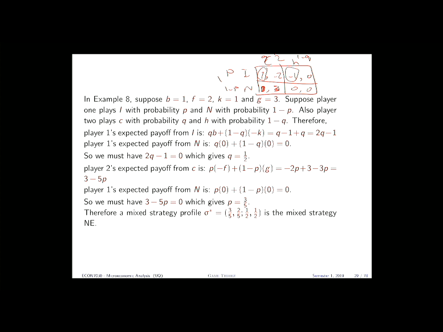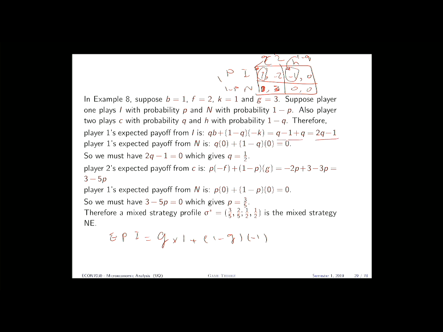That is the sum of probabilities times payoffs. So the first thing would be this multiplied by that, and this multiplied by that. So the expected payoff of player 1 for action I is Q times 1 plus 1 minus Q times minus 1. Okay? And that is what I wrote here after some simplification.